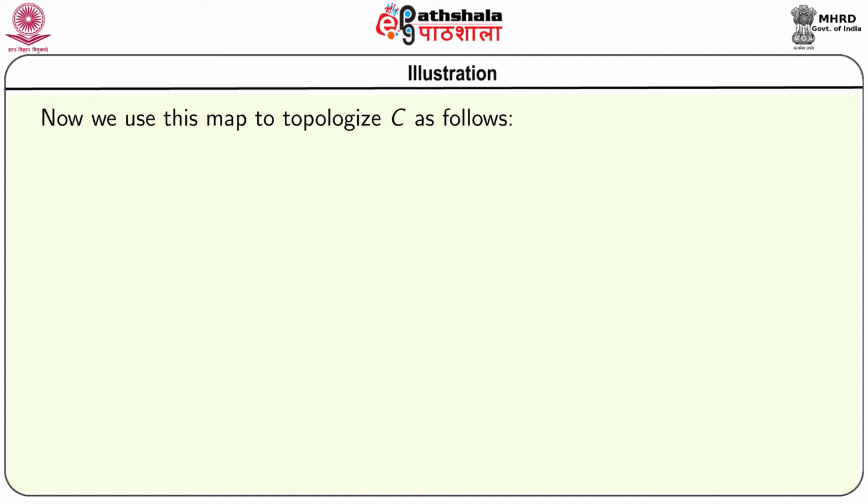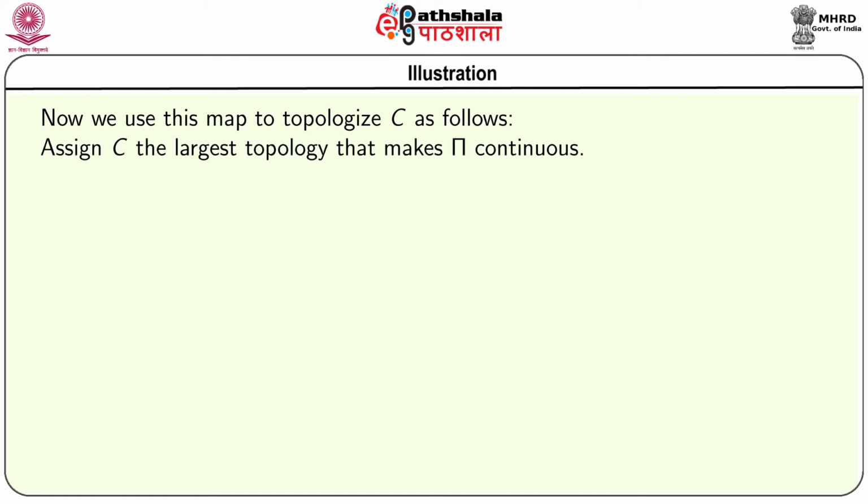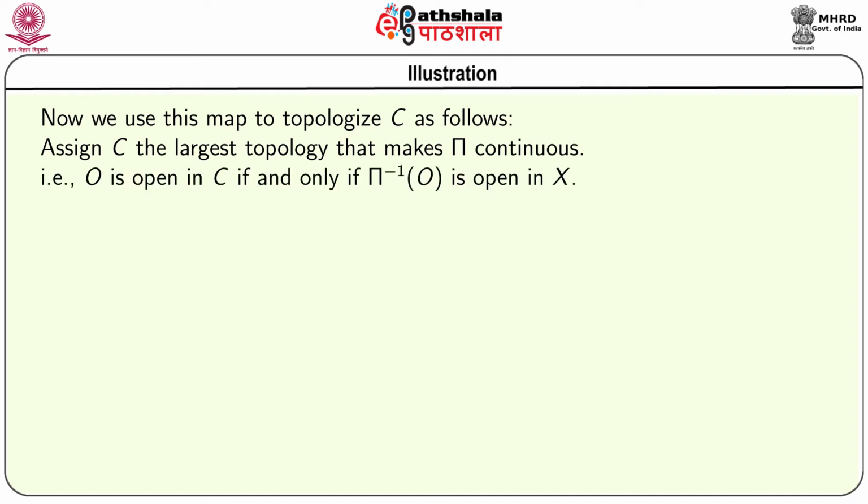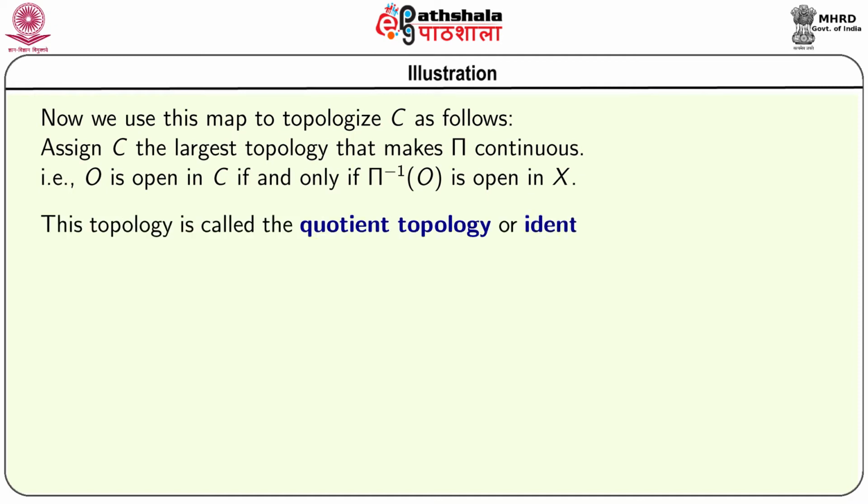Now, we use this map to topologize C as follows. We assign the largest topology on C which makes this function pi continuous. That means, a set O is open in C if and only if pi inverse of O is open in X. This particular topology is called quotient topology or identification topology on C.